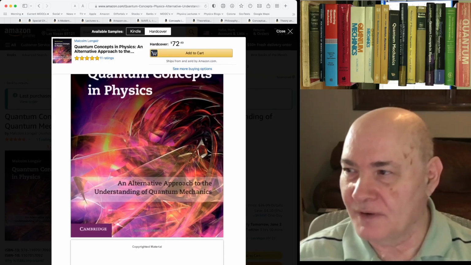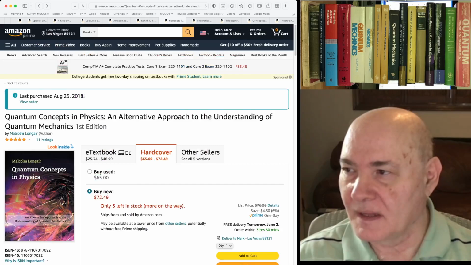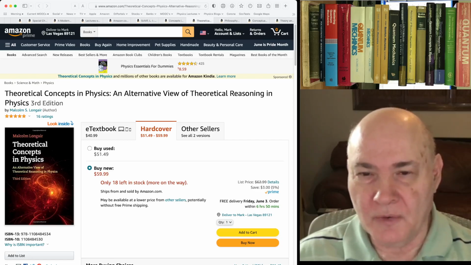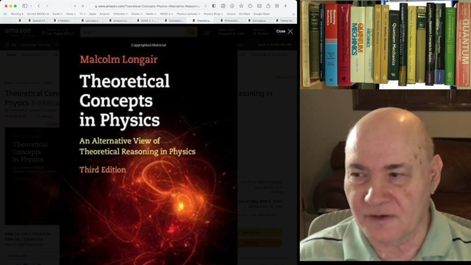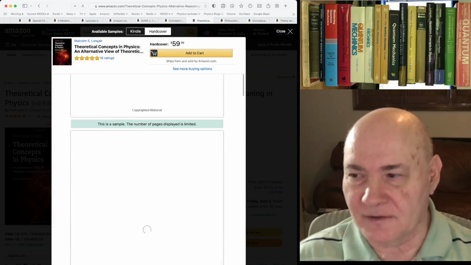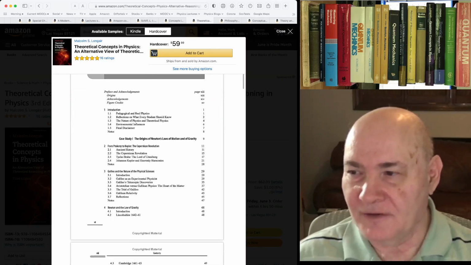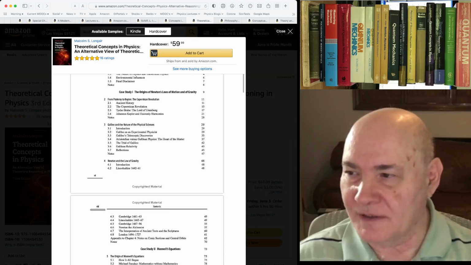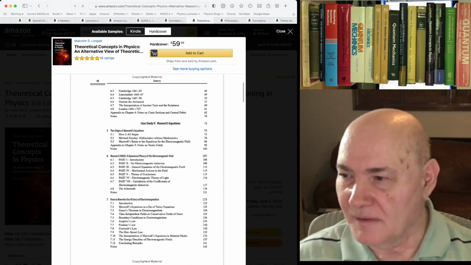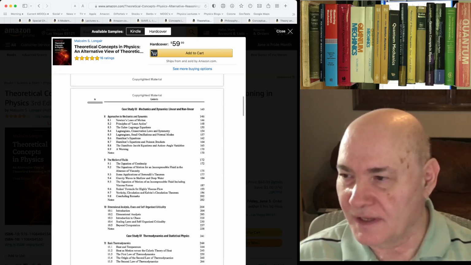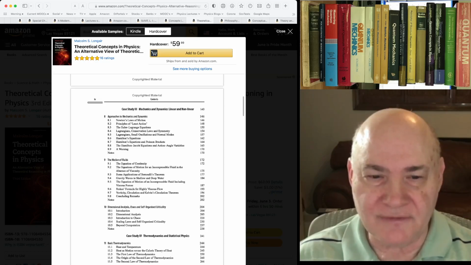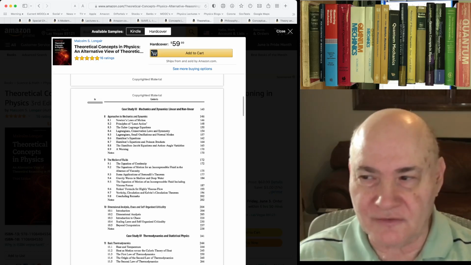And he also has an excellent book, which I'll put in another playlist, Theoretical Concepts in Physics, where he divides theoretical physics into like 7 broad areas or case studies. And he discusses the papers and everything, so it's like Newton's laws, Maxwell's equations, and you often hear about things like Maxwell's equations and how he developed gears and things like that to understand them.